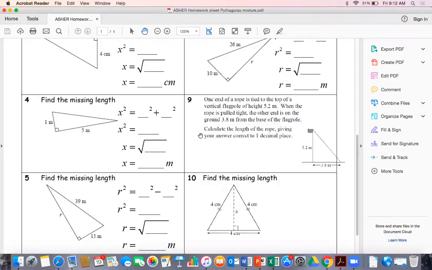Okay, number 4. Pooja. 1 square plus 5 square is 26. Okay. And then the answer is 5.09. Okay, if you round it off, because it's 5.099. If I round it off, 5.099, I will get 5 point.